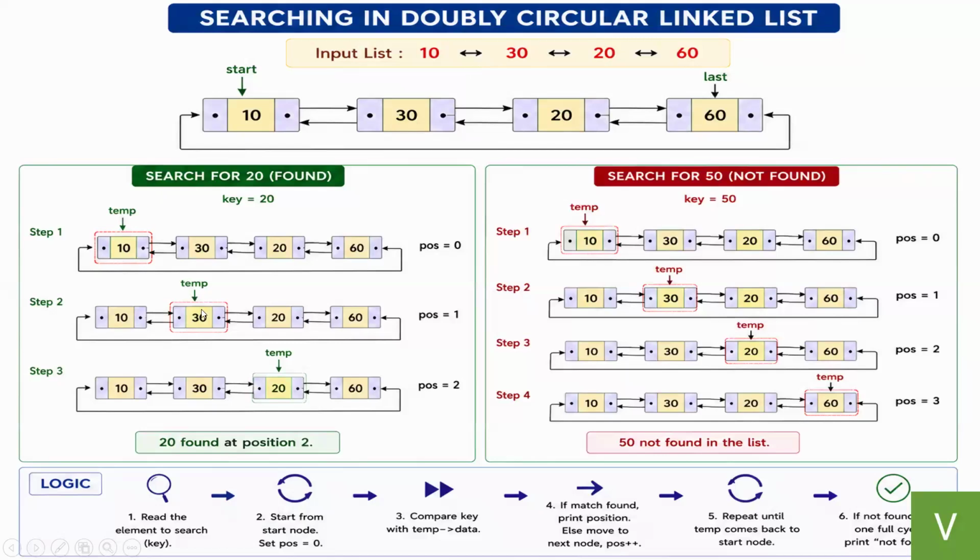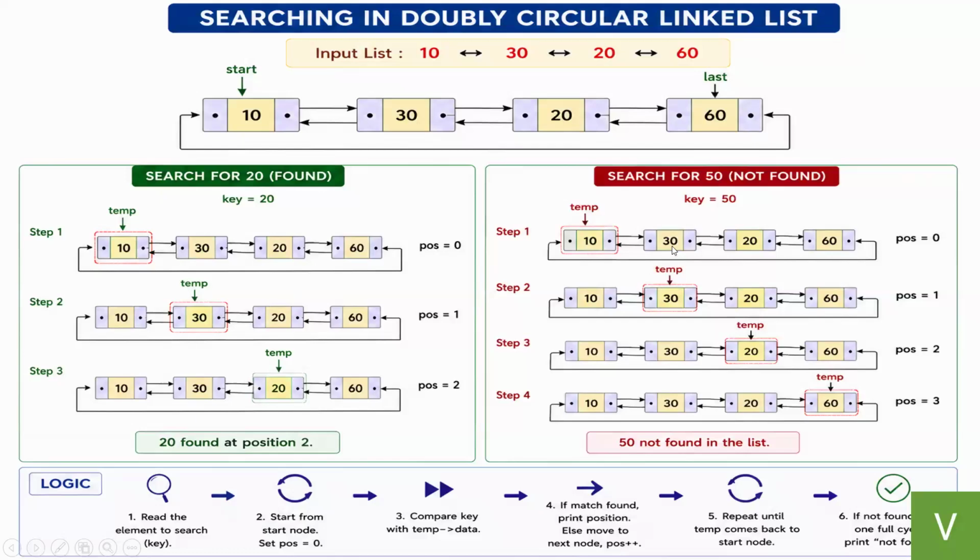Now we will compare the temp of data with the element. Both are not equal. Again, we will traverse the temp: temp is equal to temp of nlink. Now temp comes to the third node. Again, we will compare the temp of data with the element. Here both are equal. So we will return the position, that is position 2.